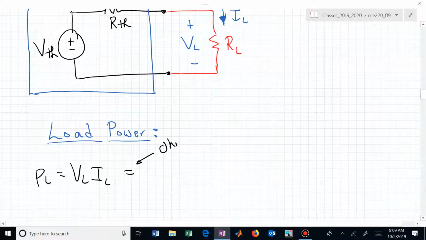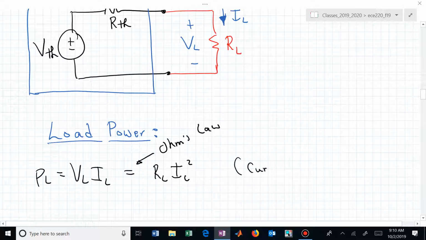With Ohm's law here, we can now say that we have R sub L I sub L squared. And that's the current version of power at the load.